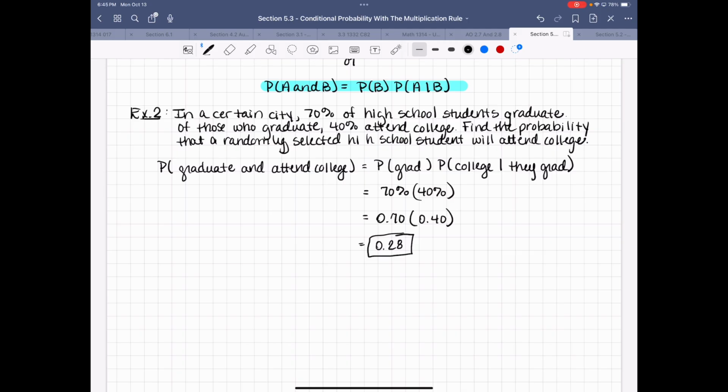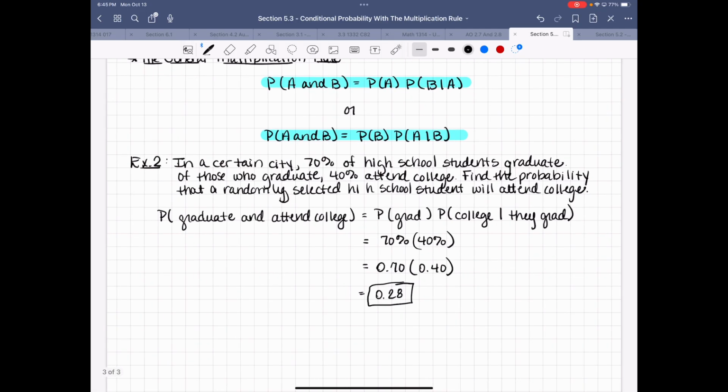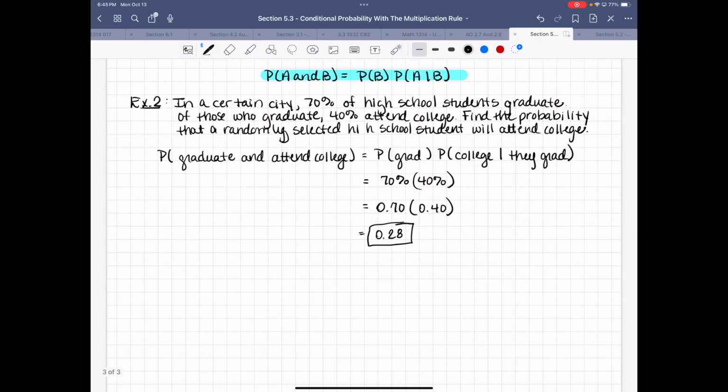Well, 50% of 70 is 35 kids. So you're going to be somewhere less than 35, close to it. And that makes sense. That's about 28 kids, 0.28. 70 times 40%, or 70 times 0.4 is 28. Okay. I show you the formula because technically we're supposed to use the formula, but if you can reason through that without the formula, you can.